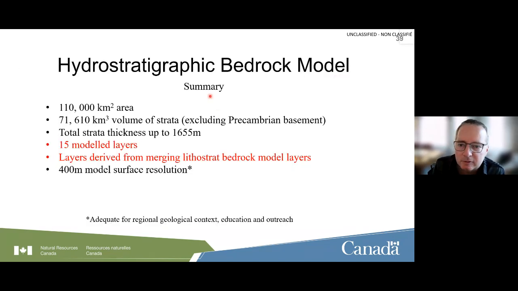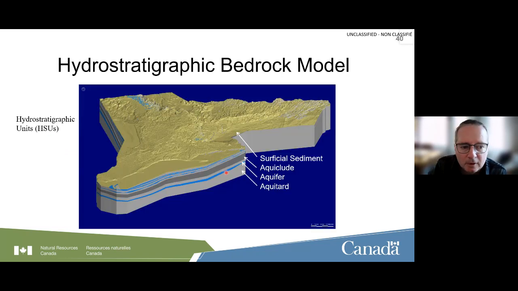A summary of the hydrostrat model: it's the same volume and area, but in particular, there are 15 modeled layers or hydrostratigraphic units, and they are derived from merging lithostrat bedrock model layers. The model consists of 15 hydrostrat units called superficial sediment, aquiclude, aquifer, aquitard.